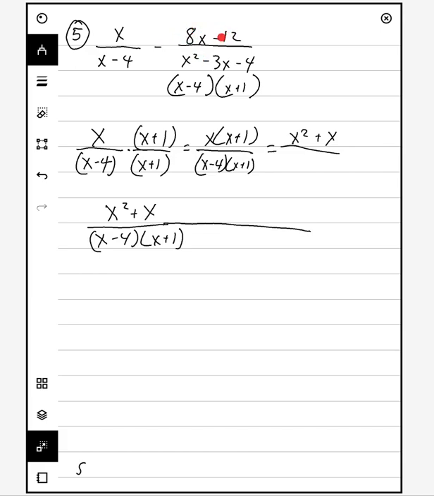So now we can just bring this down to here. So minus 8x minus 12. This isn't negative, minus 12 is plus. Okay, so now let's combine all this together. Then we get x squared minus 7x plus 12 all over x minus 4 times x plus 1.